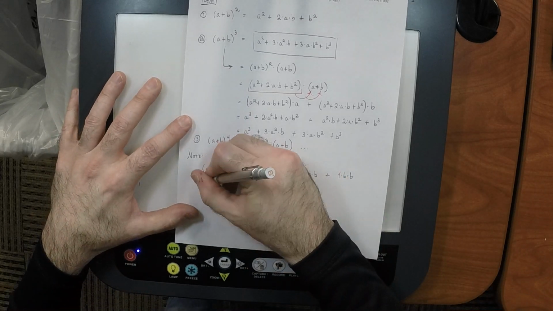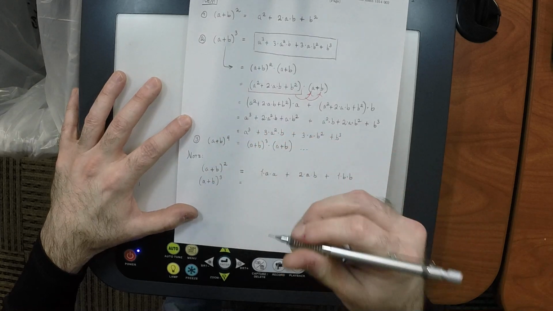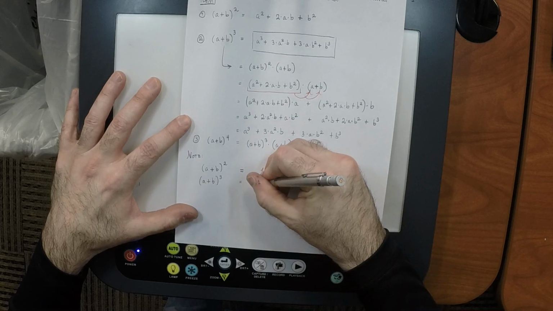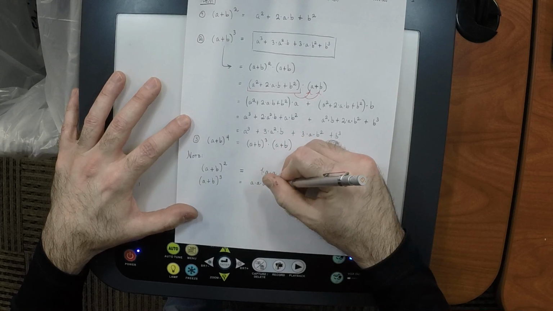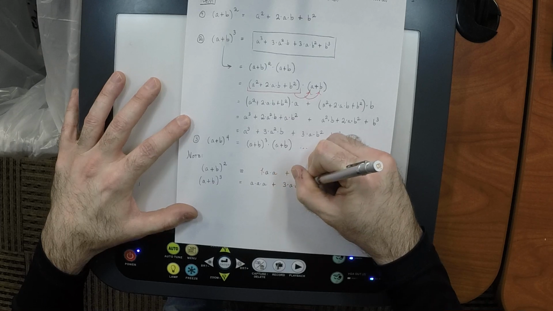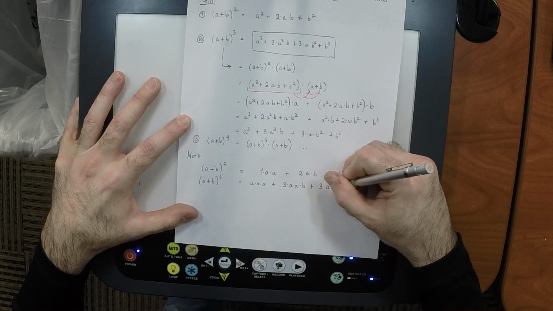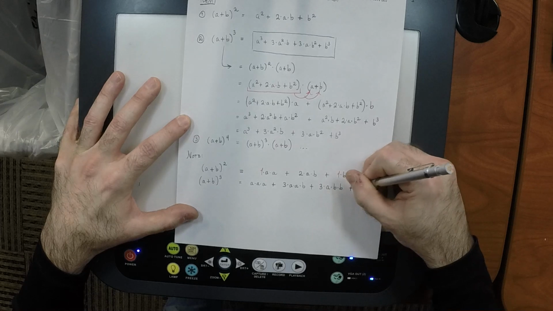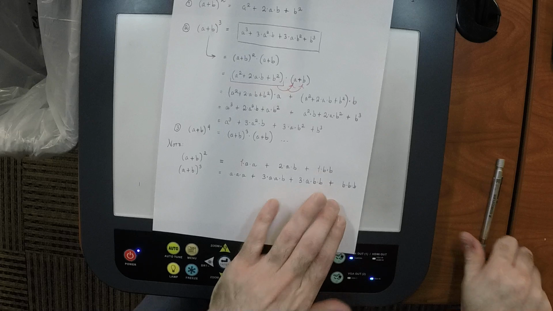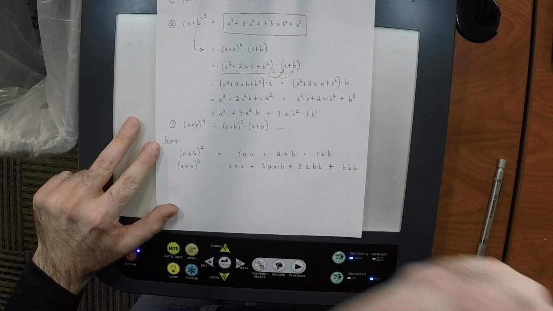Similarly, for a plus b cubed, writing the formula out in that same kind of way, we'd have AAA plus 3 AAB plus 3 ABB plus BBB. And again, you would normally write a coefficient of 1, but I'm going to do it.